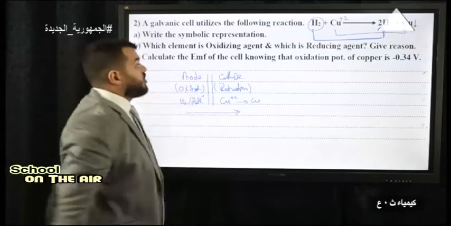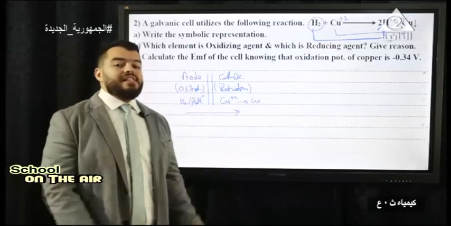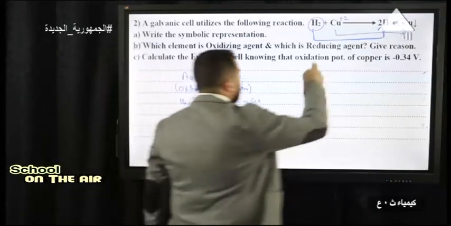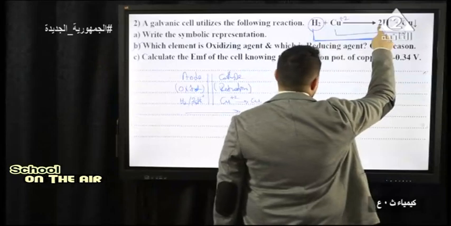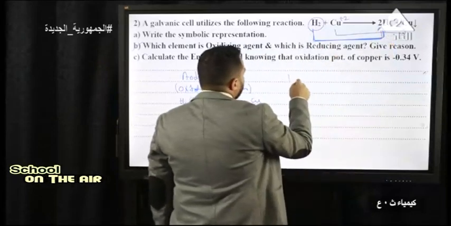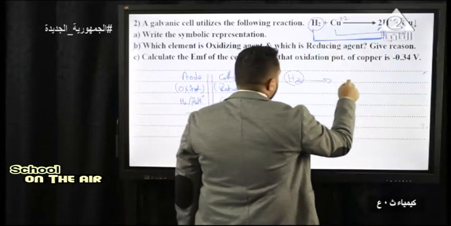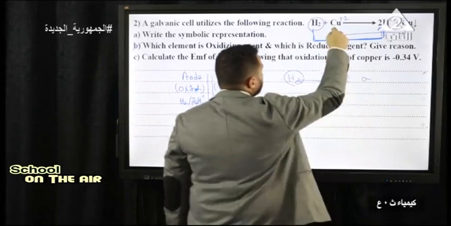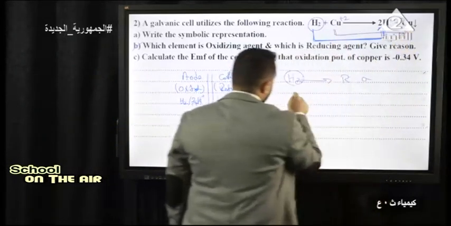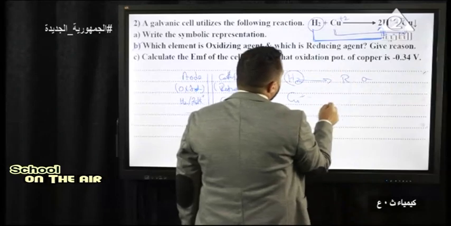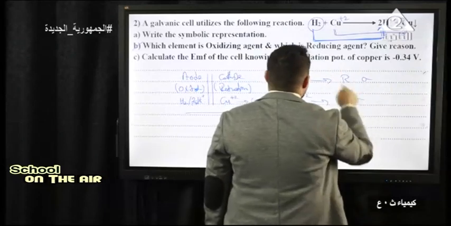Which element is the oxidizing agent and which element is the reducing agent? The element which will be oxidized, we name it the reducing agent. And the element which will be reduced, we name it the oxidizing agent.